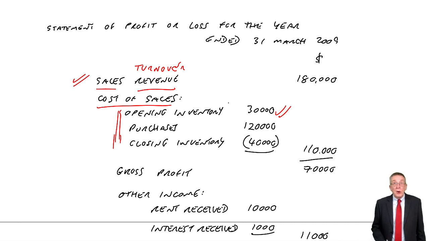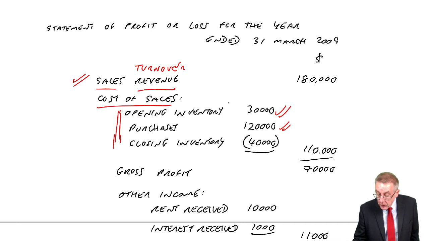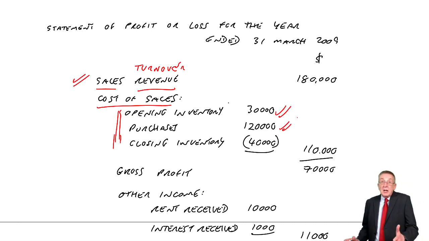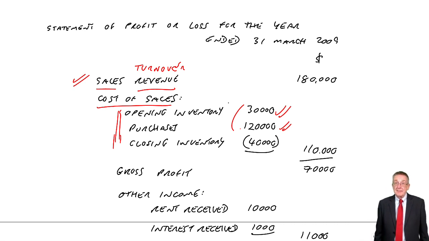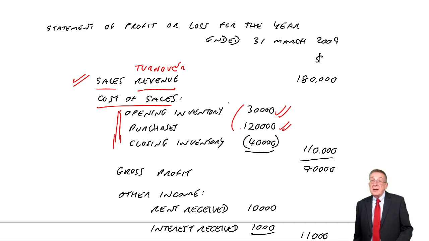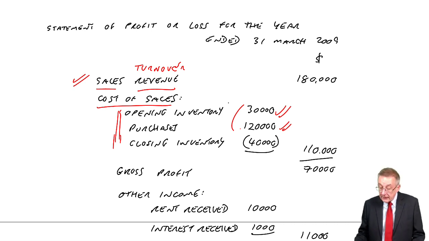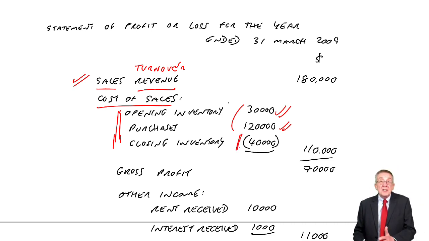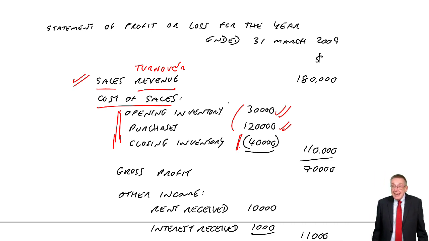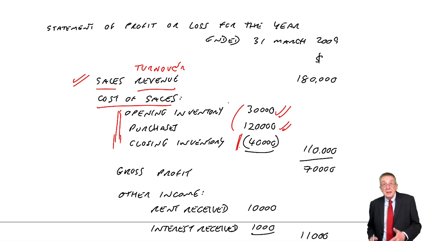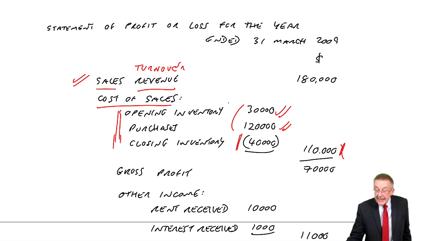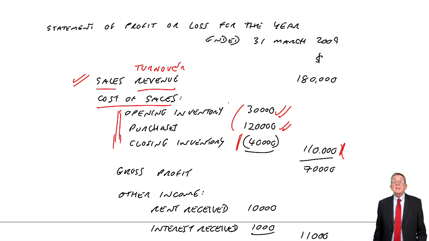During the year, I buy another 120,000, so I've now got 150,000 in the warehouse that I'm hoping to sell. Did I sell them all? Well, 40,000 are still left at the end of the year. So if I had 150, but I've still got 40,000, only the remaining 110 were actually sold.